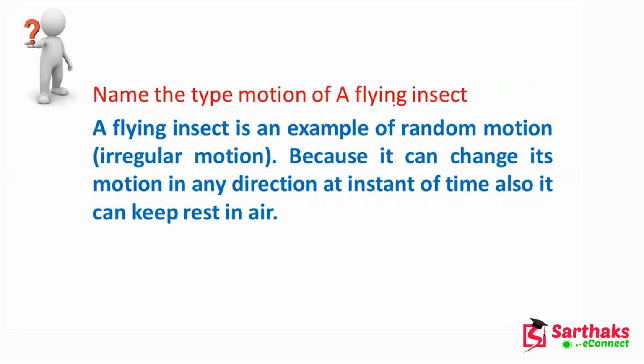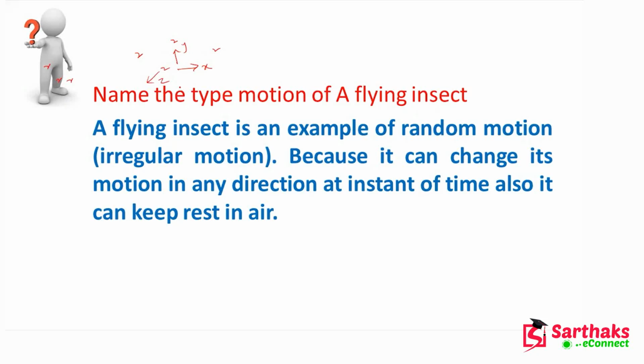Then flying insects. Okay, flying insects. Sometimes here, sometimes here, sometimes here. Sometimes it will bite. Fine. How can I define that? Is the insect moving towards the x-axis or y-axis or z-axis?